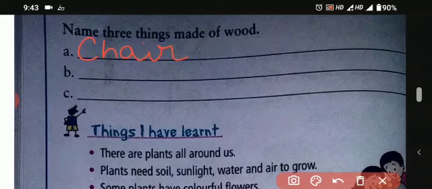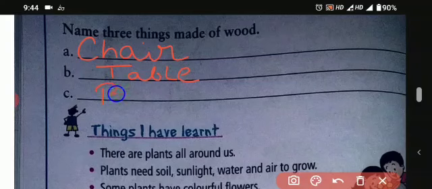The second is table. And the third is bed. So students, fill it in your book.